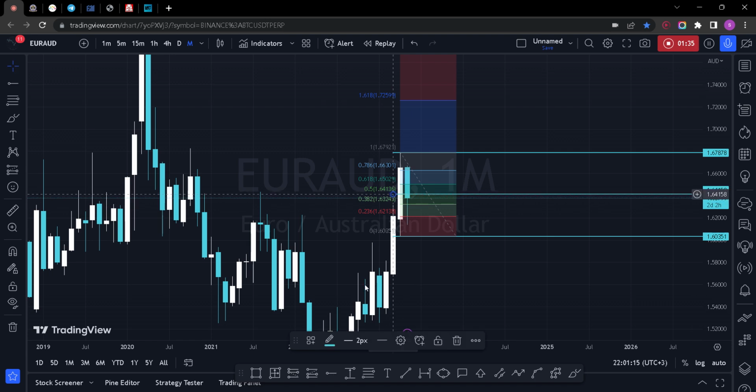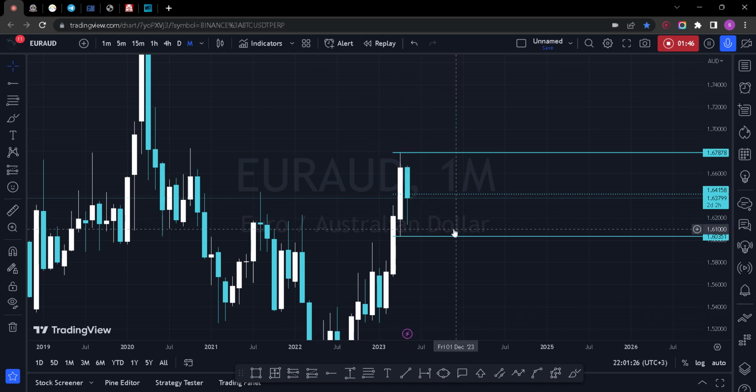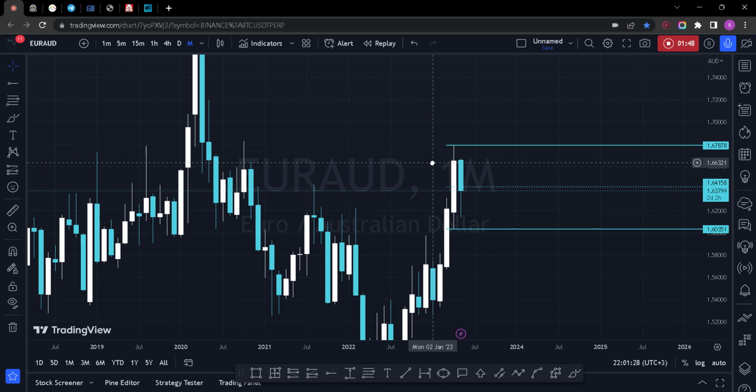So I won't wait for this monthly candle to close. So there we have our previous month's high and lows and mid-range marked out.